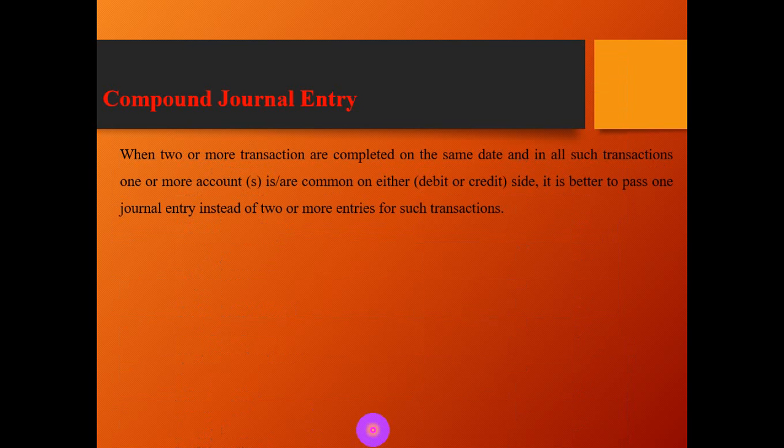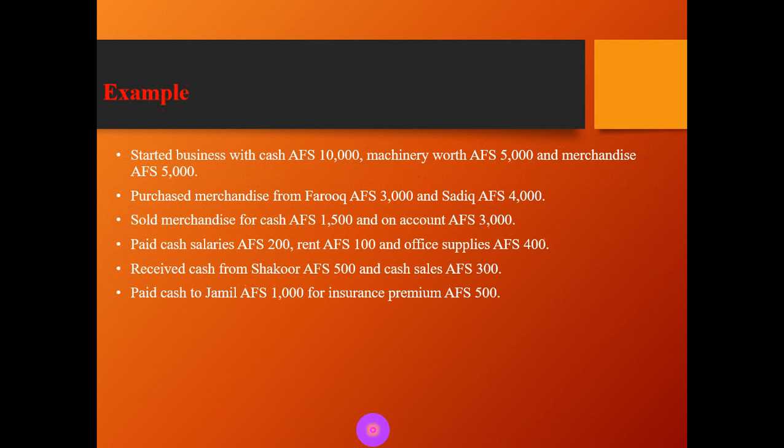So what happens when two or more transactions happen on the same date? That kind of transaction is called a compound entry, or compound journal entry, whether it is on the debit side or the credit side. Now see the very first example.